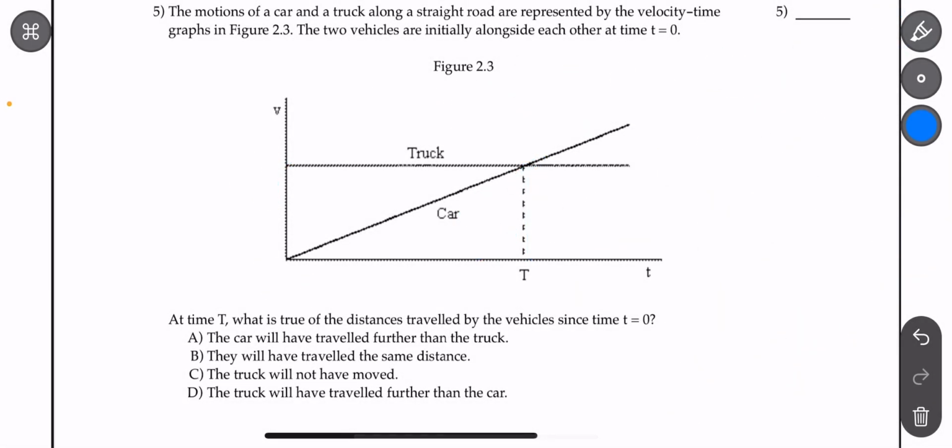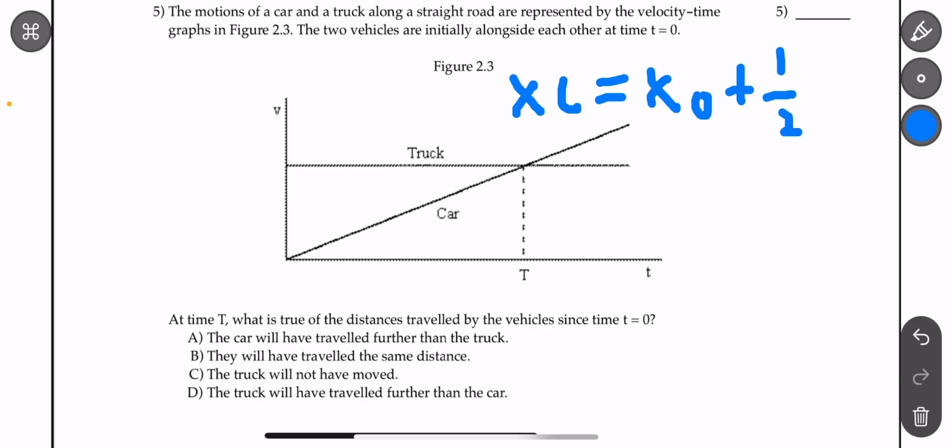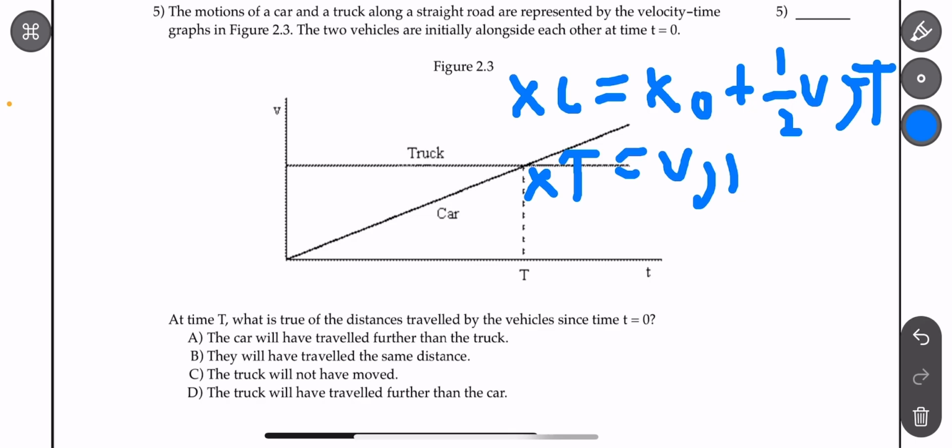And we could have x_c is equal to x initial, 1/2 a t squared. And then this one here, x_t equals x initial plus v t.